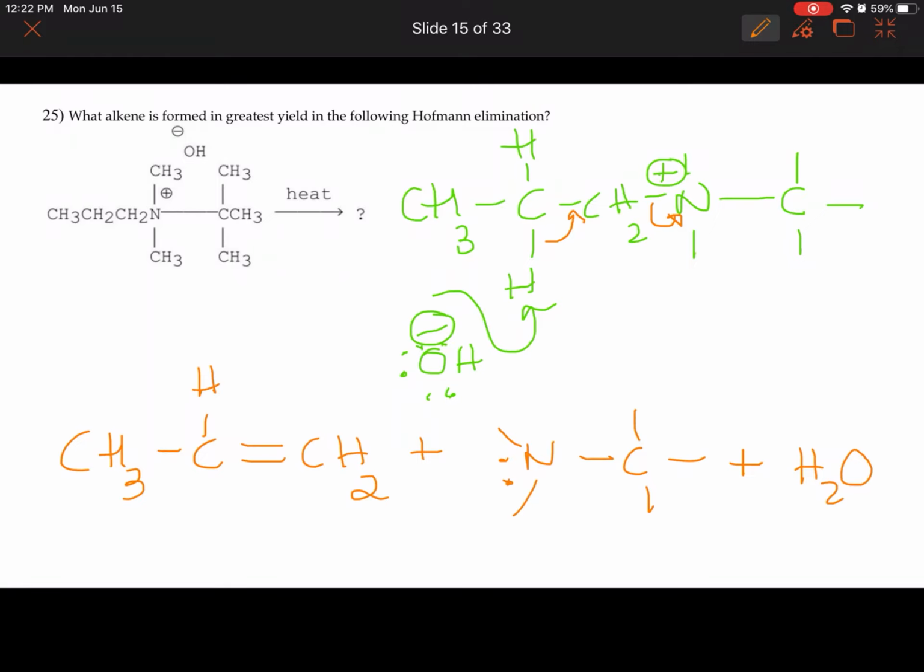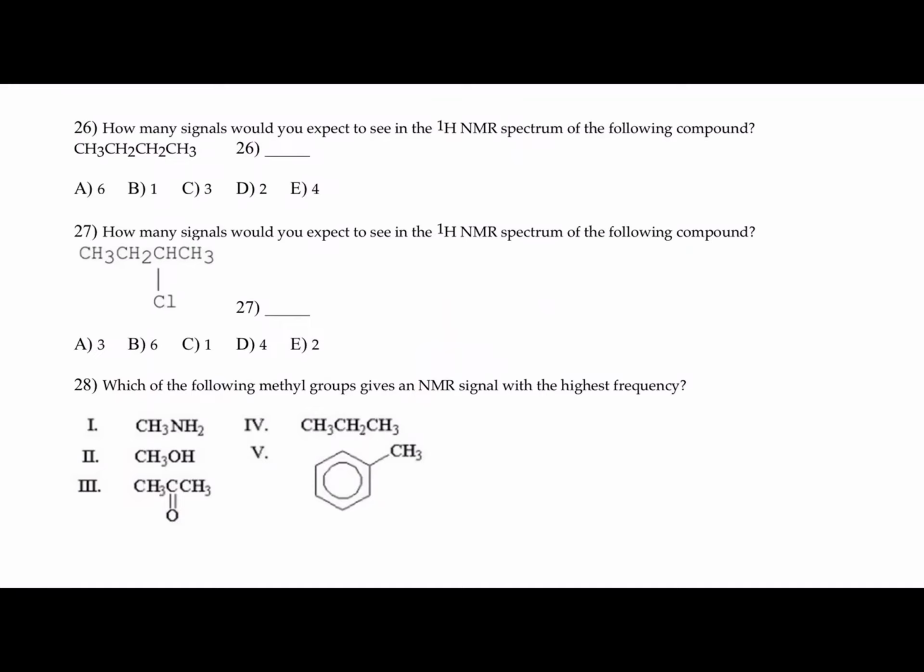That is the Hofmann elimination, forming alkene and then the amine product and water.